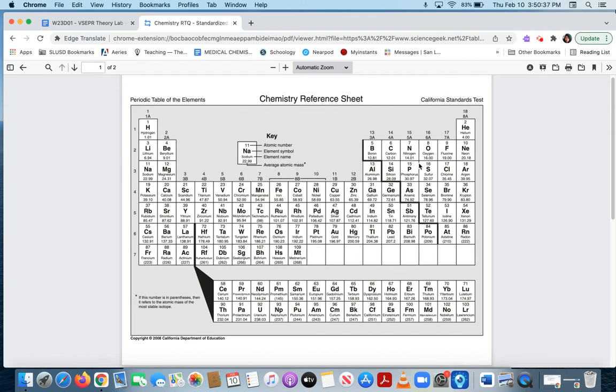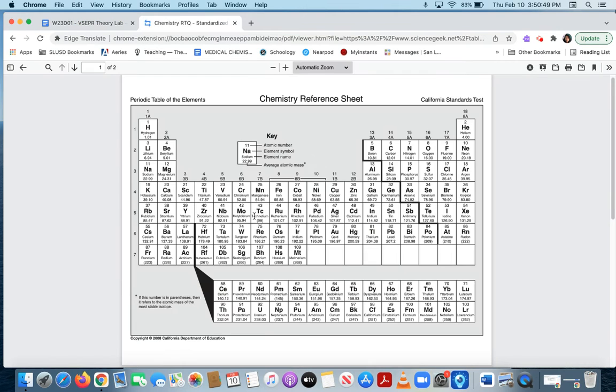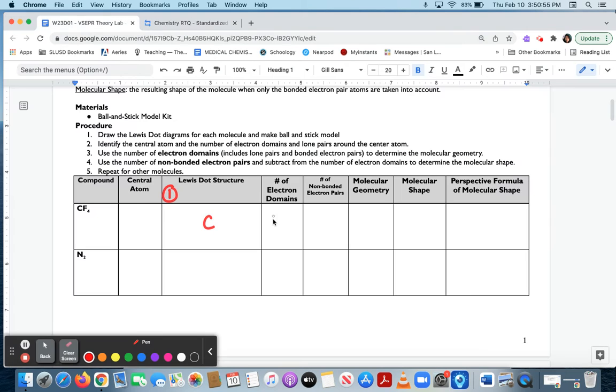So recall that for nitrogen in group 5A, that's going to have 5 valence electrons. Oh, excuse me, we're doing CF4. So I first need to find C on the periodic table. So carbon is in group 4A right here. And so therefore it's going to have 4 valence electrons going clockwise first. And then if I had more, I would go clockwise again.